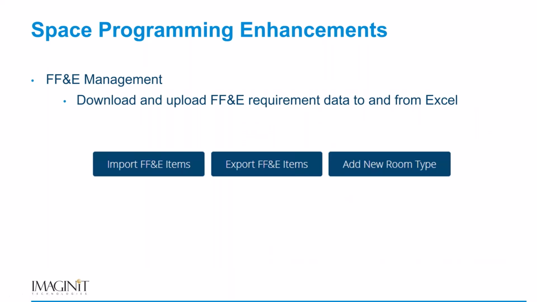Let's see, on the FF&E side of things, if you have spreadsheets or something like that, use SEPs to BIM or SEPs to define what pieces of equipment need to go into what type of room, we now finally have an option inside of the Clarity Space program to import or export those FF&E items from a spreadsheet, instead of having to do it either by adding them manually, or we did have an API for it previously.